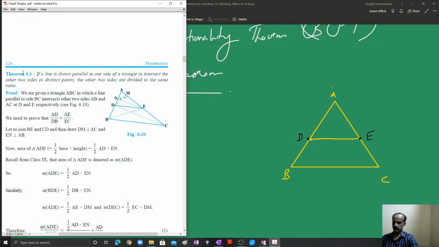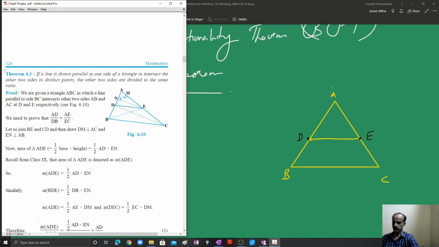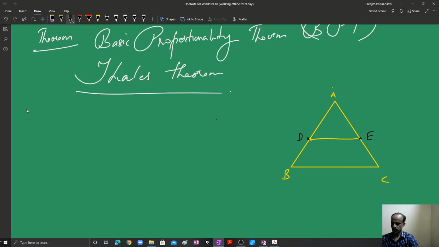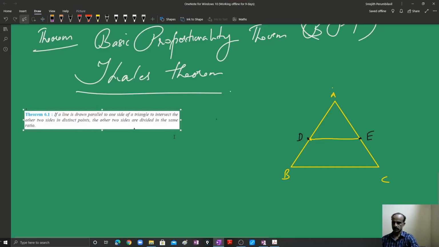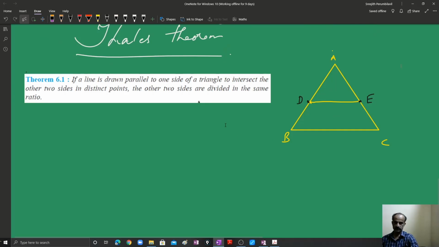I'll paste it over here. So this is: if a line is drawn parallel to one side of a triangle, I'll change this figure for convenience, to intersect the two sides at distinct points, meaning different points, then the two sides are divided in the same ratio.